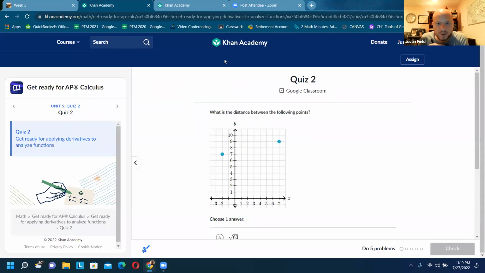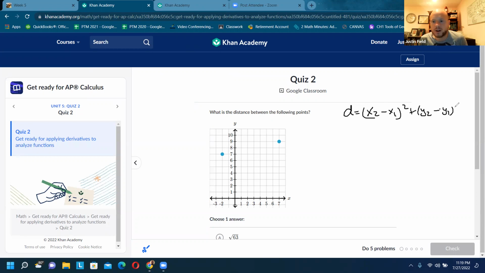What is the distance between the following 2 points? So, we could use the distance formula, right? D equals the square root of x2 minus x1 squared plus y2 minus y1 squared. So you can use that, just like the slope formula.